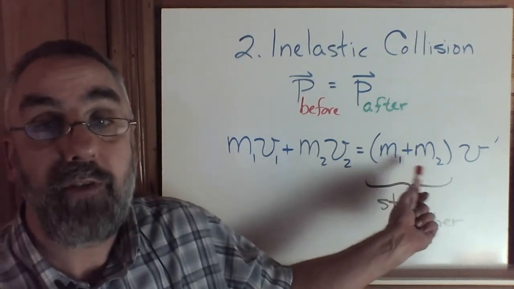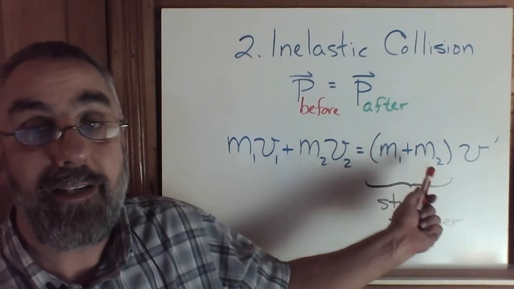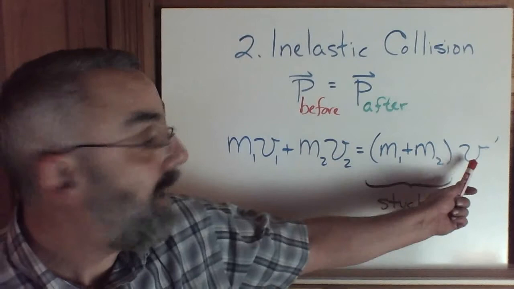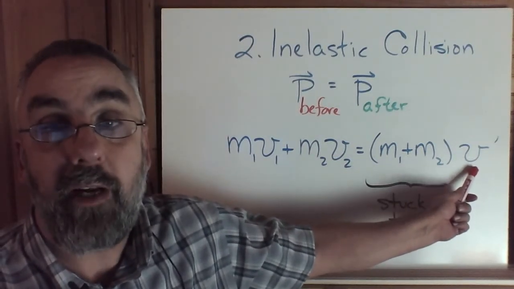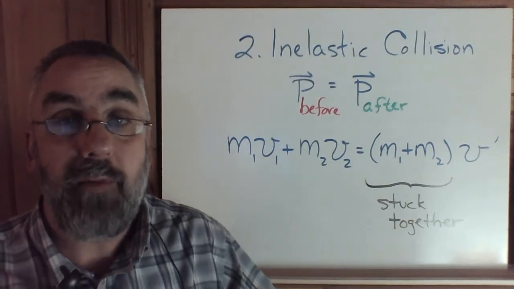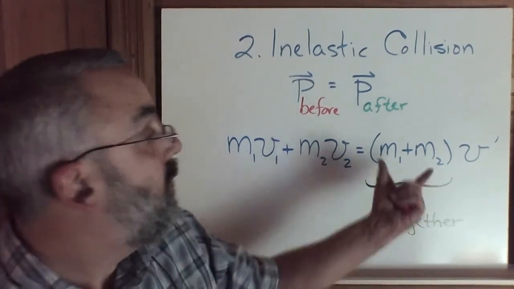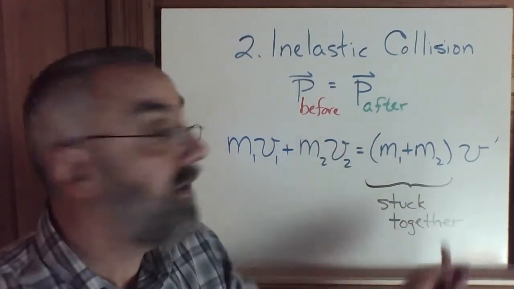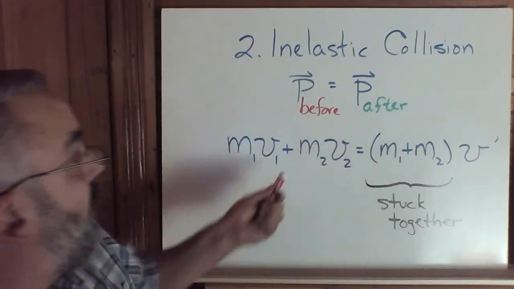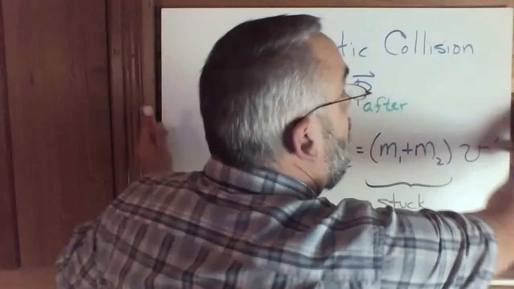So we have one object with the combined masses of the two, m1 plus m2. This is our stuck together object. And then we don't need a number over here. It's just moving along at some different speed that we'll call v prime. So for inelastic collisions, you lump the masses together over on this side, and we only end up with one term over here, but two terms over on the other side.